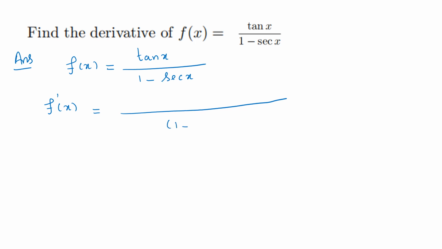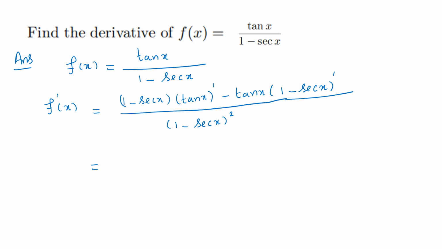Denominator is 1 minus sec x square. Numerator is, I keep the denominator here, 1 minus sec x multiplied by derivative of the numerator, tan x dash, minus keep tan x, derivative of 1 minus sec x.